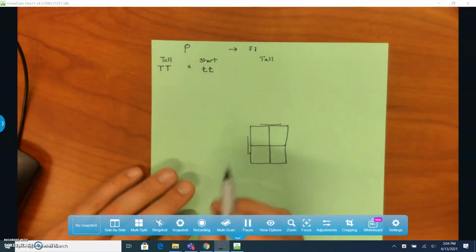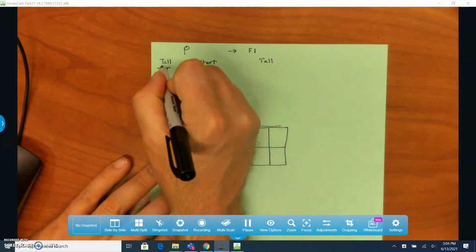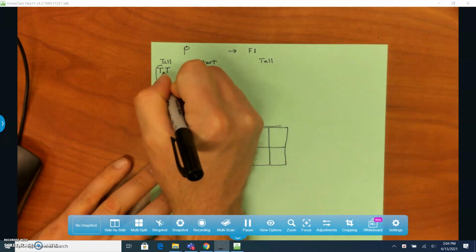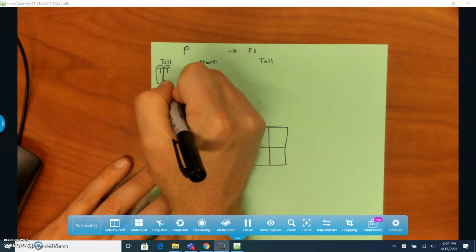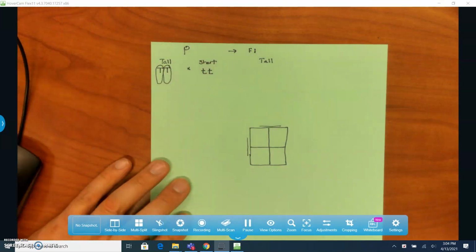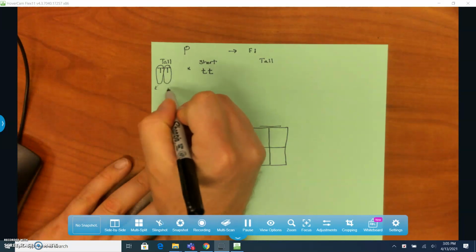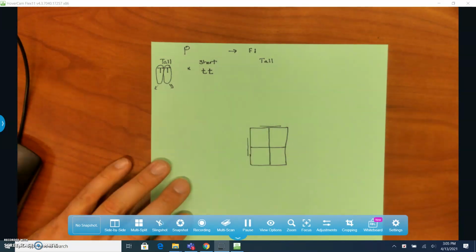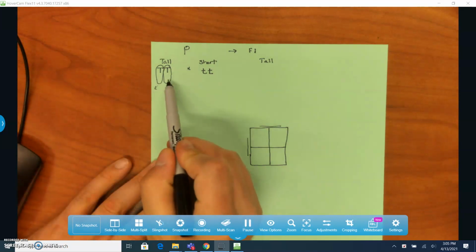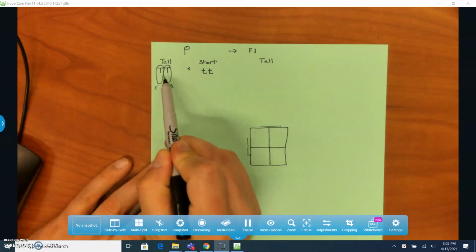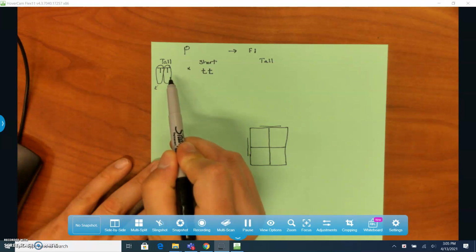Now what's important to note is that we have to remember that this allele and this allele are on homologous chromosomes. And if we recall, during meiosis, when gametes are made, homologous chromosomes are separated into different cells. They're no longer in the same cell. So a gamete will either have this chromosome or this chromosome, but not both.